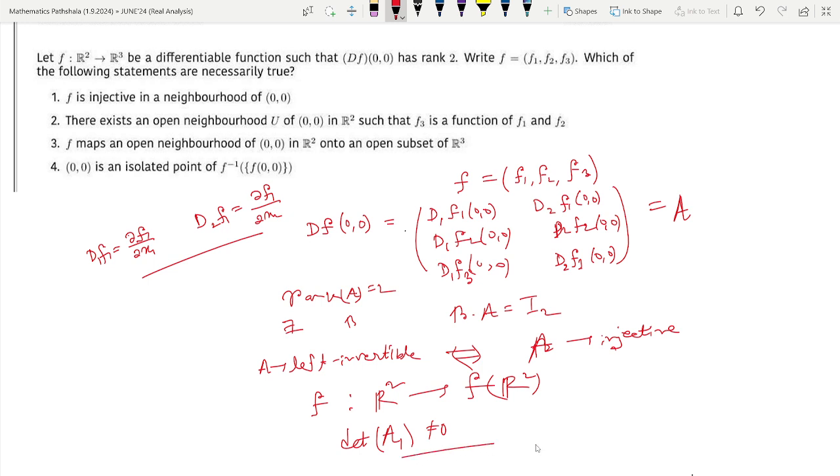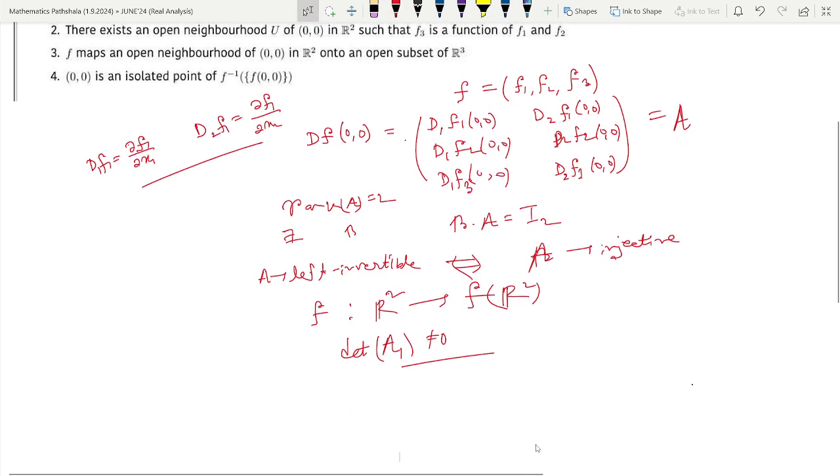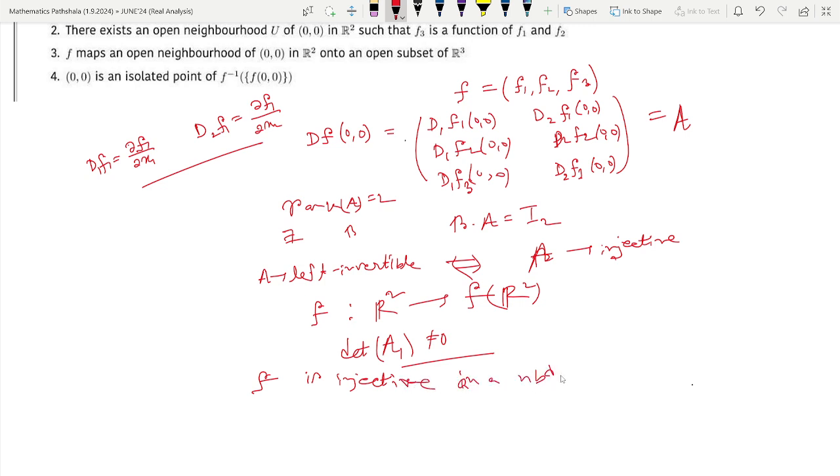And then by inverse function theorem, we have that f is injective in a neighborhood of (0,0).